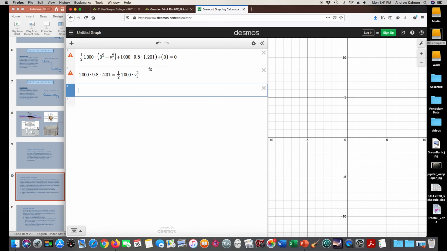So in order to get the answer, I'm going to take all of this stuff and multiply by 2, divide by 1000, and that would be equal to V squared. So to get V, I take the square root of this whole thing.